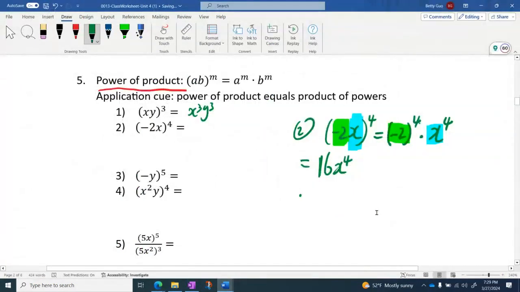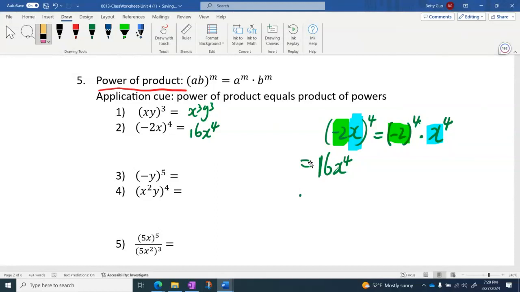All right, let me write the answer here. 16x to the power of 4. Try number 3, and let me know your answer. Number 3, negative y to the power of 5.